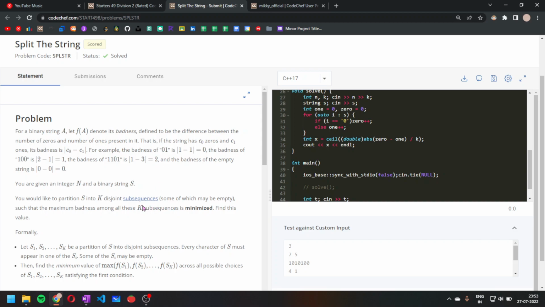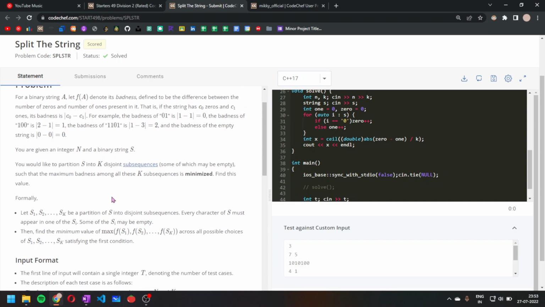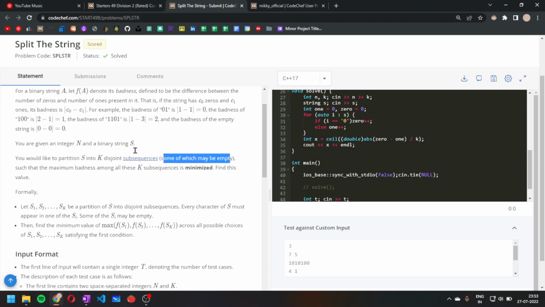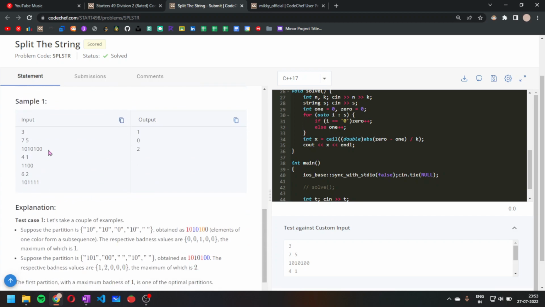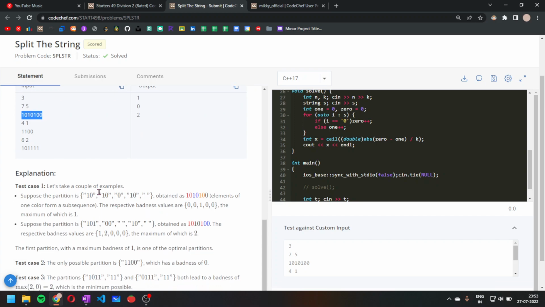Now another thing they have mentioned is that we can make k substrings. Or in other words, we would like to make k disjoint subsequences, right? K disjoint subsequences, and some of them might be empty. So we have our binary input, and we can take k disjoint ones.